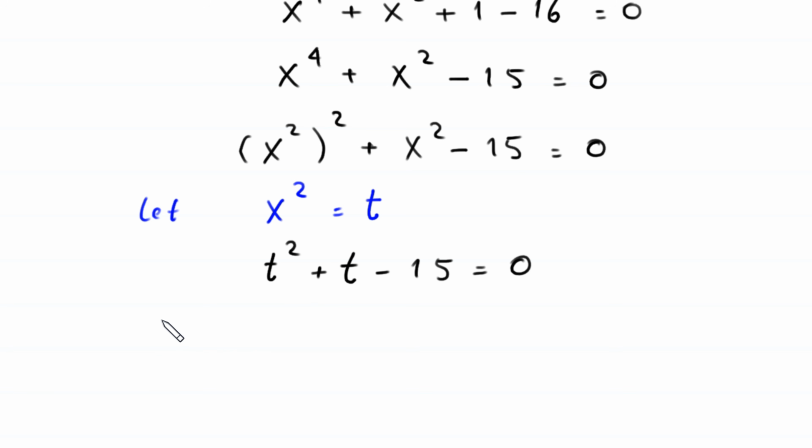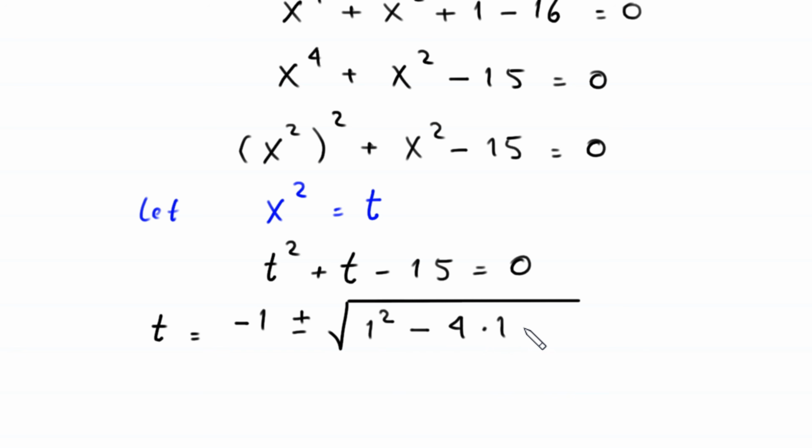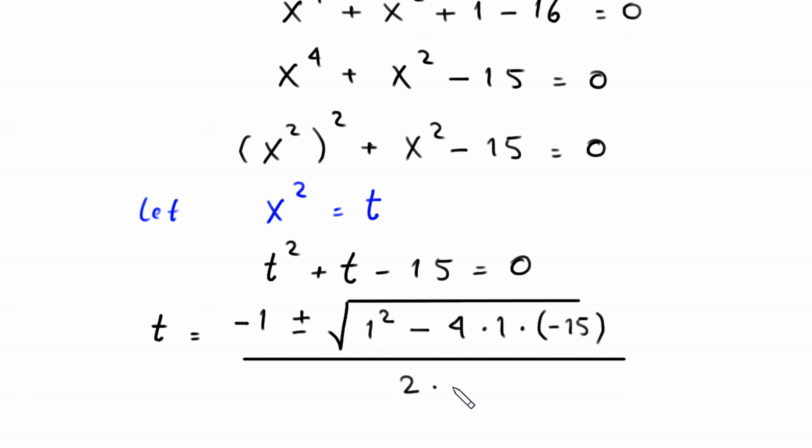According to the quadratic formula, t is equal to negative b, which is 1, plus or minus the square root of, in place of b squared we write 1 squared, minus 4 times a, which is 1, times c, which is negative 15, divided by 2 times a, which is 1.